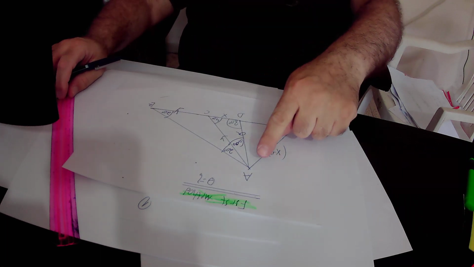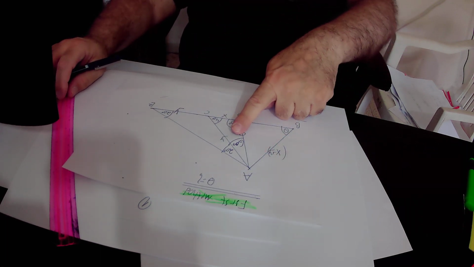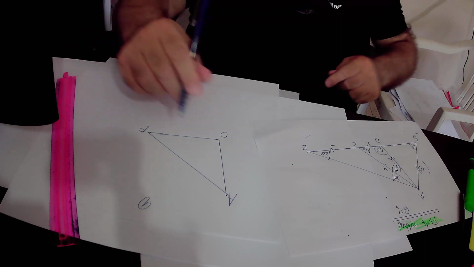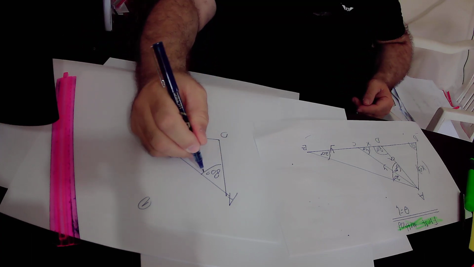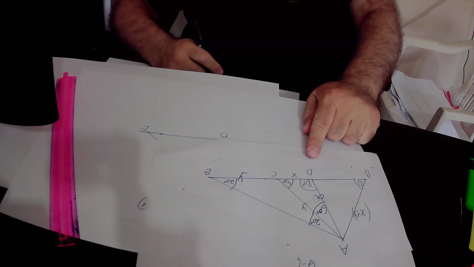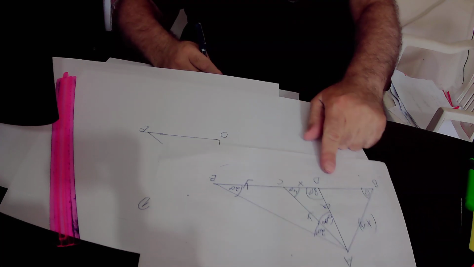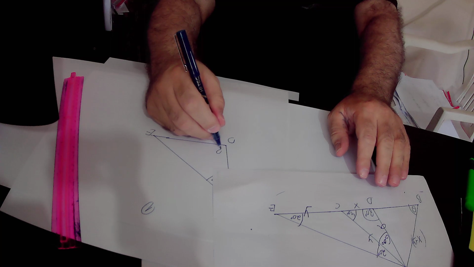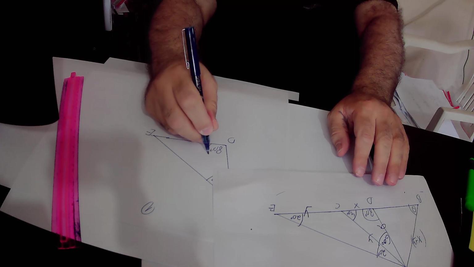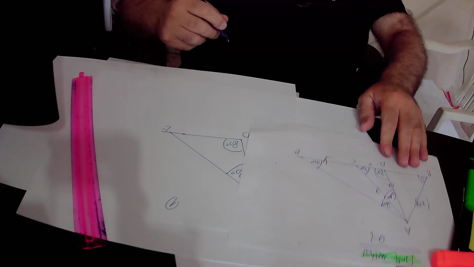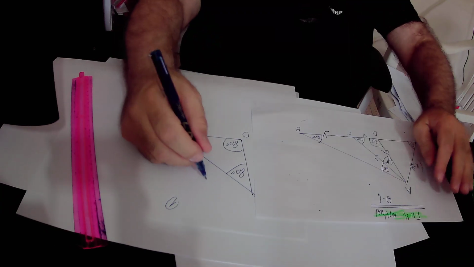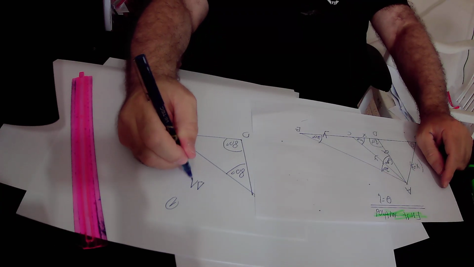Angle DAE equals 60 degrees plus 20 degrees, that is 80 degrees. It is given in the question that angle ADE equals 80 degrees. So this is triangle ADE that is coming from the original drawing.